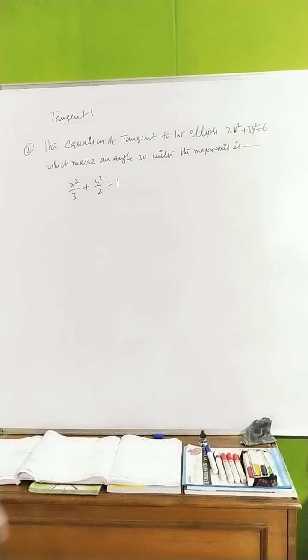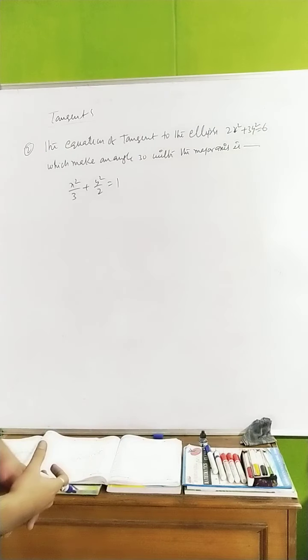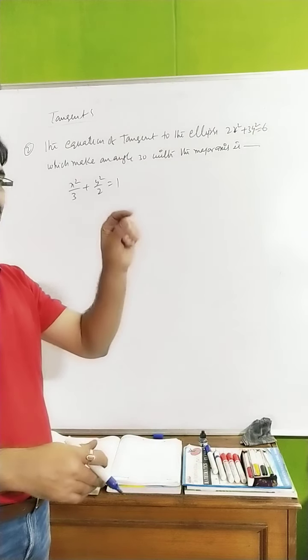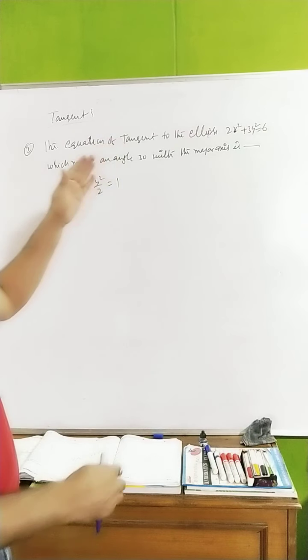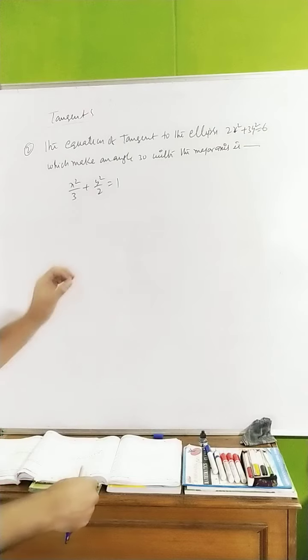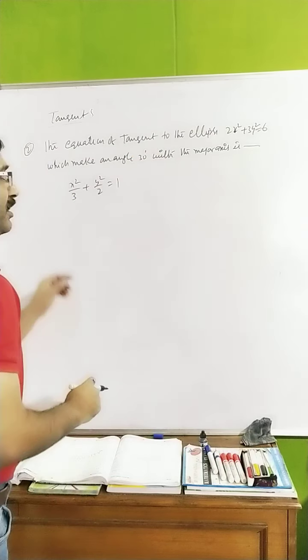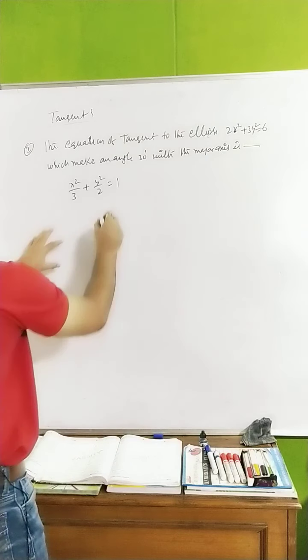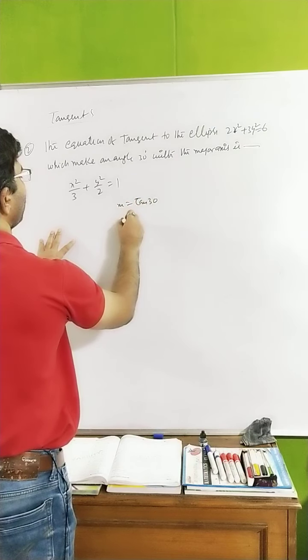But don't get confused about whether we have to use the parametric equation or the slope form. Parametric equation uses the eccentric angle, that is the angle made by that point at the center, theta. Whereas here also he has given theta, 30 degrees, but it is made with the major axis, that is m is equal to tan 30. So m is equal to root 3.